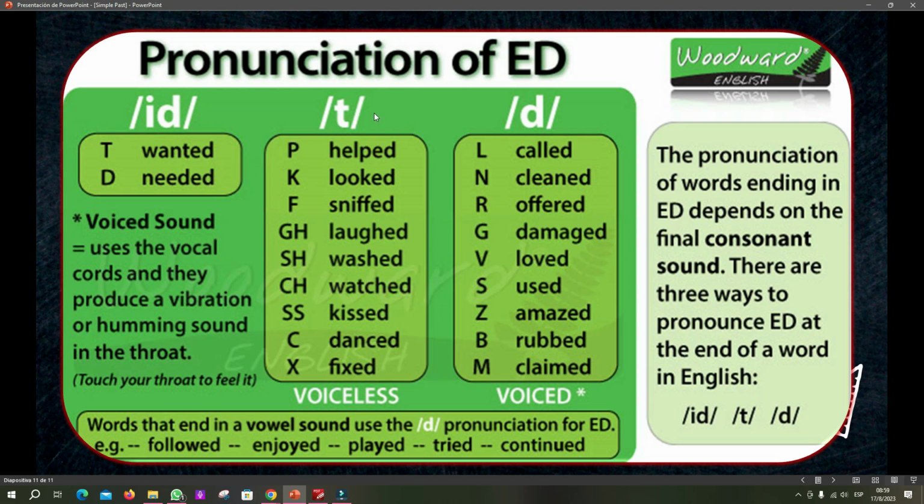Also, we have that pronunciation. So, if we have the last sound in the verb, like right, that GH sound or the sh, right? Those are some sounds that we're going to use here, right? We're going to have this pronunciation, that T sound.